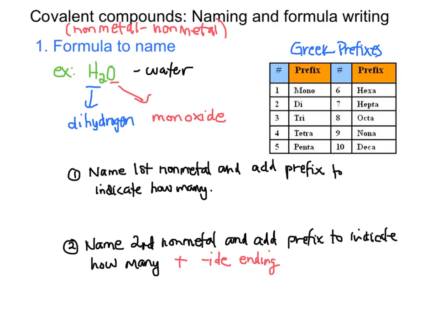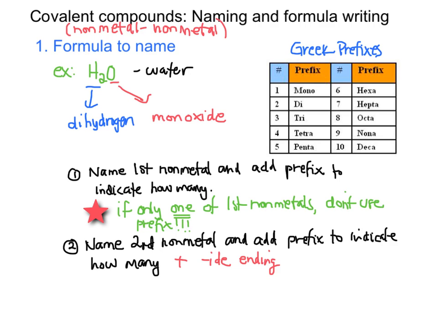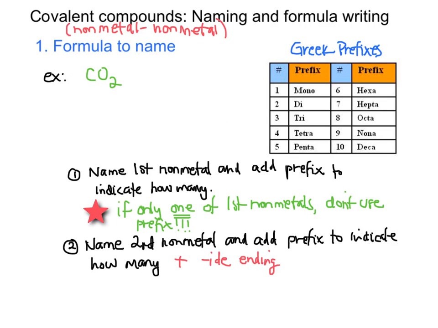So there are a few things you need to know because there are some little subtle nuances. So the first little thing you need to know is that if the first element, there's only one of them, then you don't use a prefix. So let me do another example. So in this compound, we have a carbon and there's only one of them.